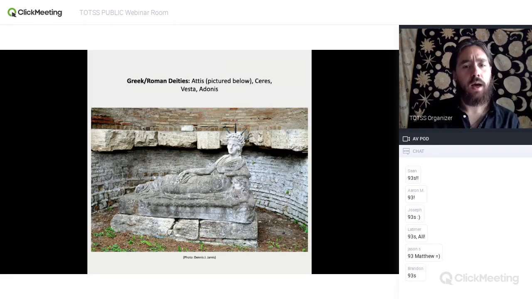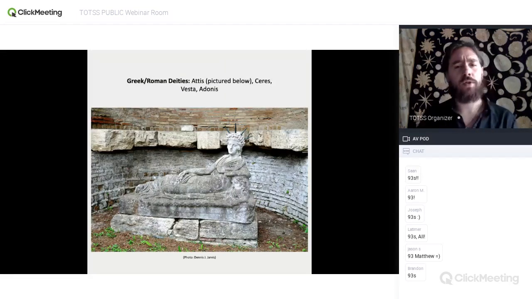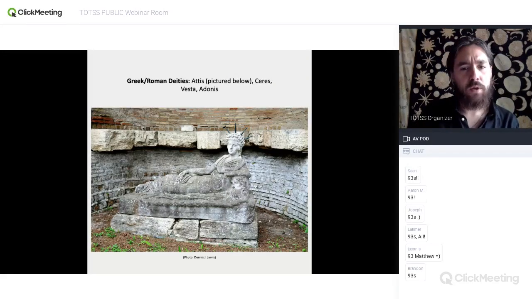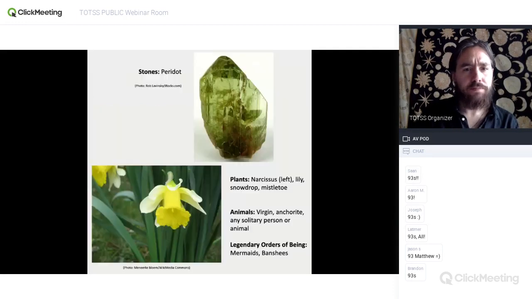And Adonis is here as well, though I was a little unclear on what Adonis was doing here. I think Adonis is sometimes associated with springtime, and Virgo can sometimes be associated with the spring and the renewal of life. Though, of course, the sun's entrance into Virgo is actually at the end of summer. So I'm not so sure about that one, but there you go.